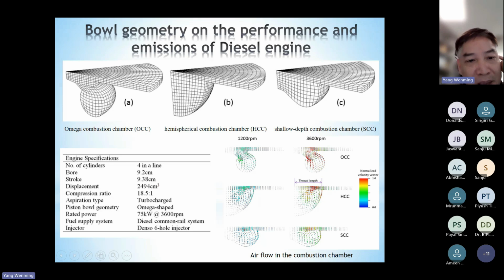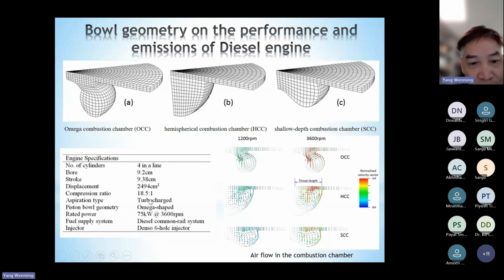We have a direct injection four-stroke engine. This four-stroke engine has a bore of 9.2 cm, and the stroke is 9.38 cm, and the swept volume or displacement is 2.5 liters, and the compression ratio is 18.5.